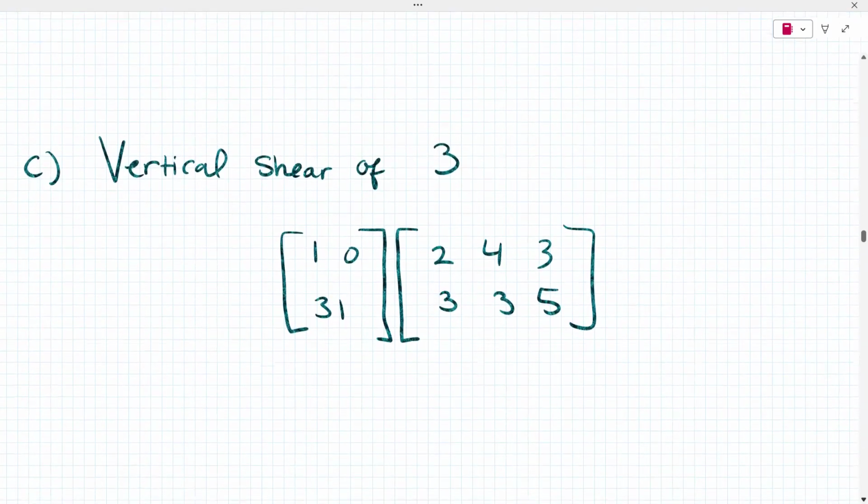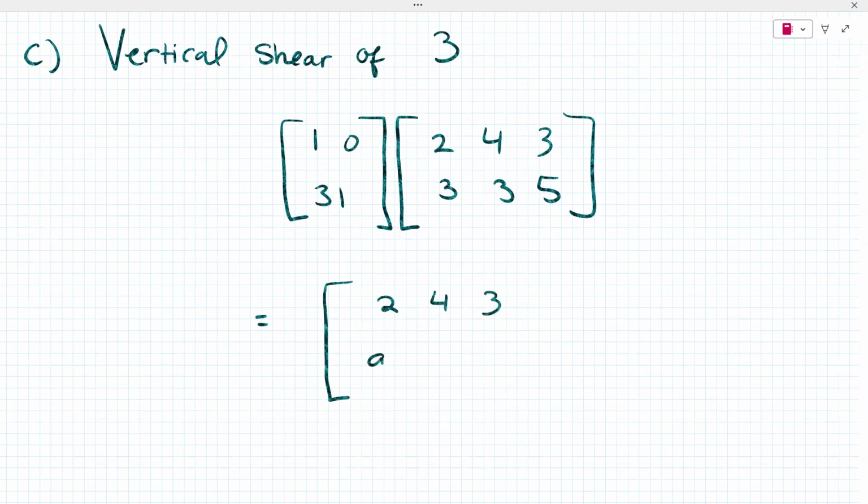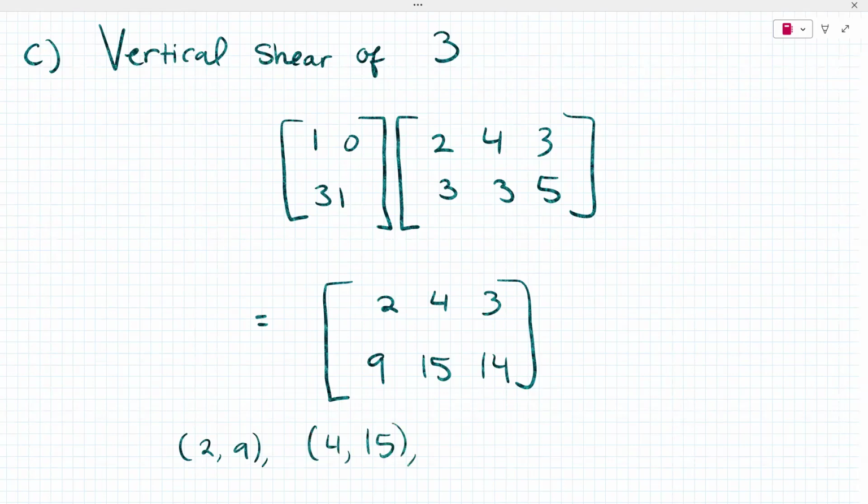You multiply it out and you get 2, 9, 4, 15, 3, 14. And yes, you can express this as coordinates: (2, 9), (4, 15), (3, 14).